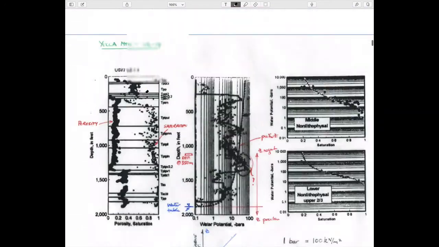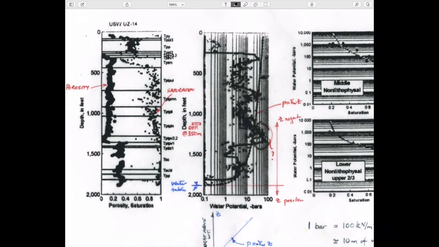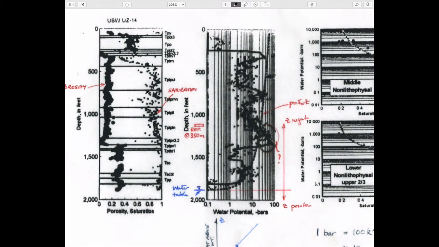So, some data here. The only other thing to look at while we're here: your assignments have been dealing with transport of some advected radionuclide component from Yucca Mountain to Long Street in the saturated groundwater zone that exists below the repository.